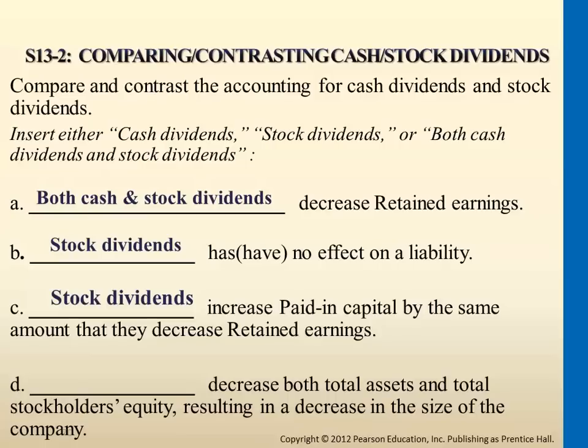Okay, what about D? Decrease both total assets and total stockholders' equity, resulting in a decrease in the size of the company. Which one decreases assets? And specifically, what type of asset?